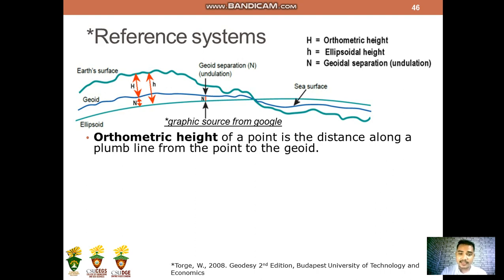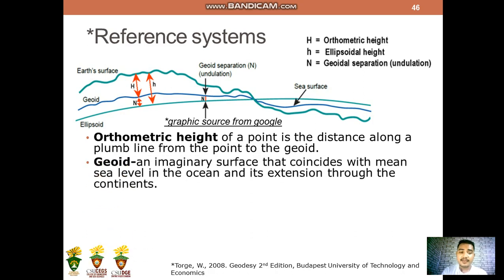So it is the distance along the plumb line. When we say plumb line, it is the direction of your gravity towards the center of the Earth. So parallel siya sa direction sa imong gravity towards the Earth. H is for orthometric height.